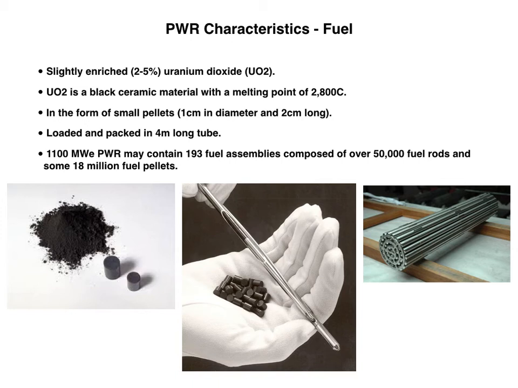The pellets are loaded and packed into sealed stainless steel tubes about 4 meters long. A 1100 megawatt electric pressurized water reactor may contain 193 fuel assemblies composed of over 50,000 fuel rods and some 18 million fuel pellets.